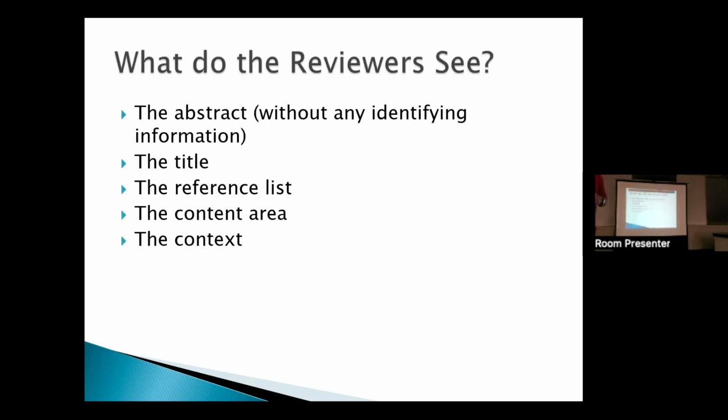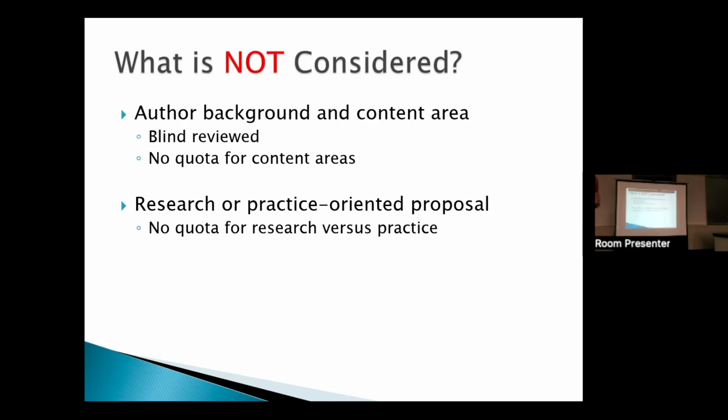Okay, now, so what do the reviewers see? They see the abstract, with any identifying information removed: the title, the reference list, the content, the context. So they do not know who you are. You may have a PhD, you may have done amazing research. The reviewers do not know that. What is not considered? Well, the background, we don't know.